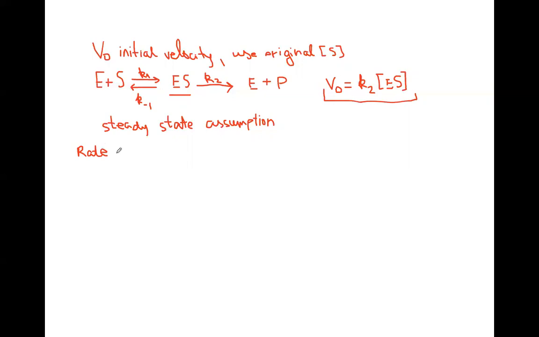So the rate of ES formation. It's formed through the rate constant K1, and the enzyme has to encounter the substrate.